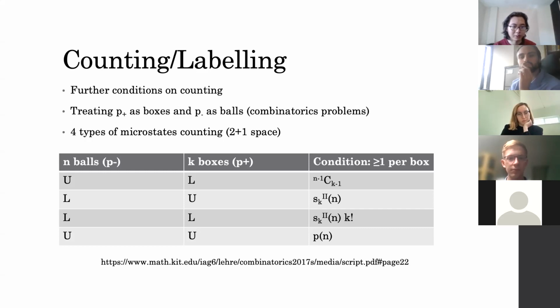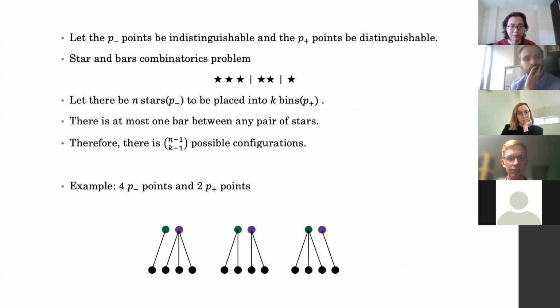We want to focus on the first line, which is unlabeled balls and labeled boxes. For that, this is actually a stars and bars combinatorics problem, and we already have a solution: for a given number of p plus points, we have n-1 choose k-1 configurations, where n is the number of p minus and k is the number of p plus.